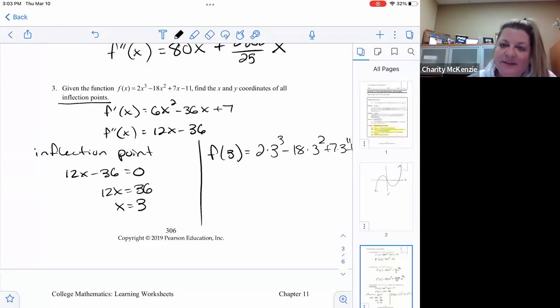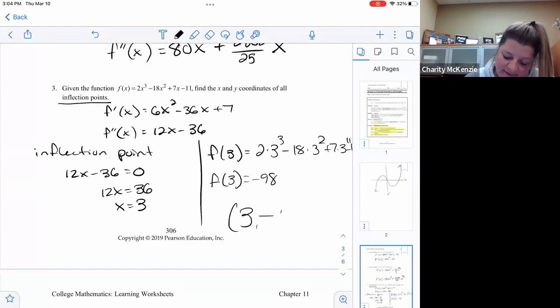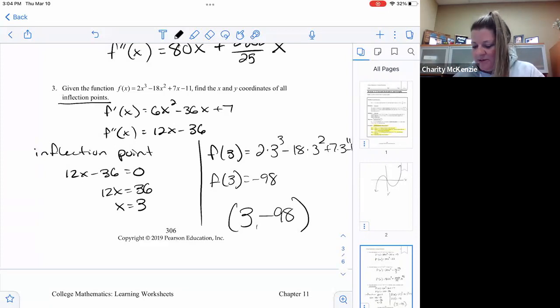Oops, I couldn't quite fit the 11 on there. Okay, so if I figure that out, I get negative 98. So the inflection point is at 3, negative 98. So that's the point where we're switching from concave up to concave down.